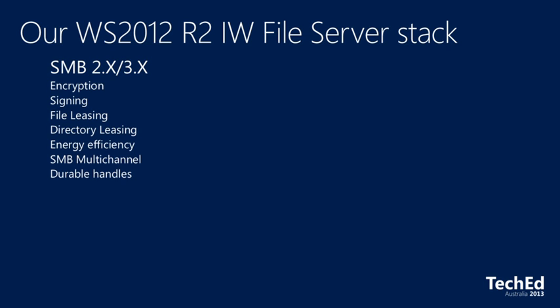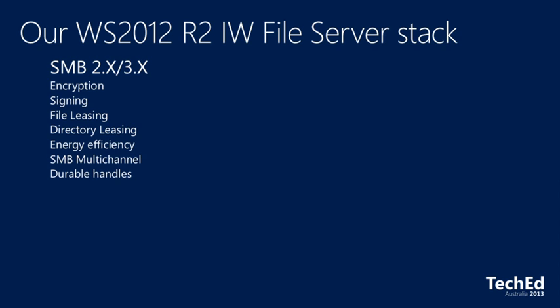SMB 2 and 3, these pieces here are helpful to you. Despite all my cloud hoster app data stuff there, these things work for anybody. Encryption, signing, file leasing, which is a way for us to quickly access data without using horrific op locks. Energy efficiency. Oh, if your machine wants to go to sleep, SMB 2.1 and later lets it go to sleep.